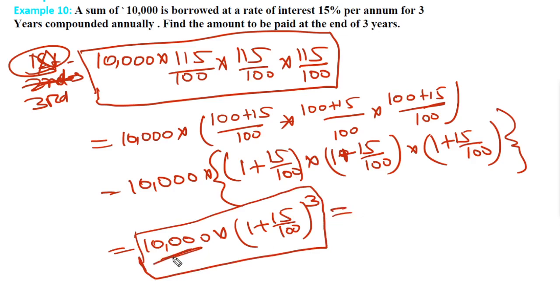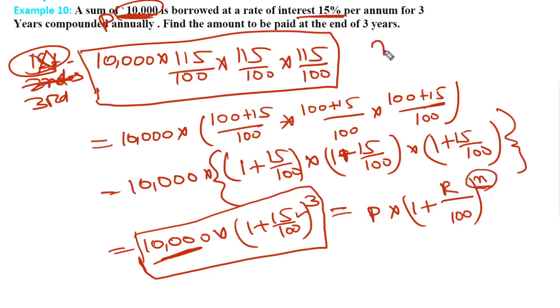What was 10,000? 10,000 was your principal. So instead of 10,000 we will write P into 1 plus R by 100, where 15 was the rate of interest, to the power n, and n is equal to time here.